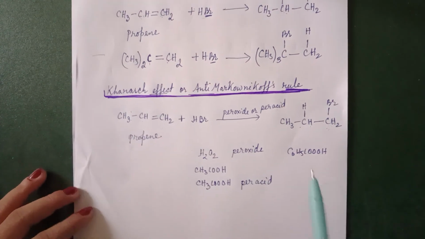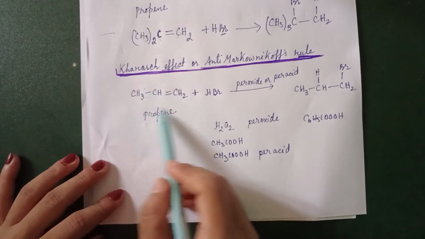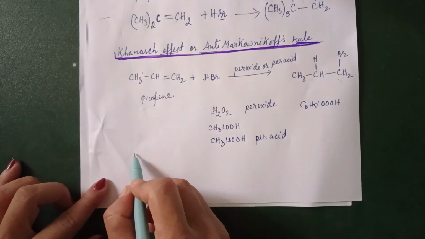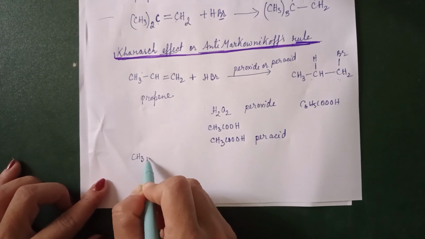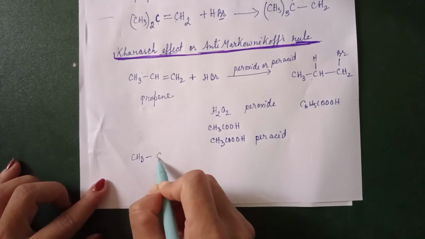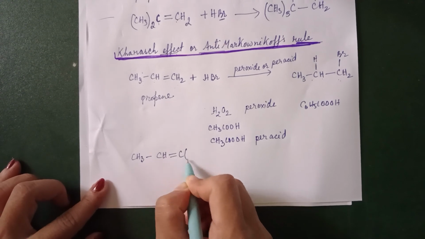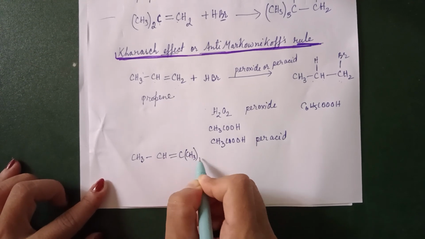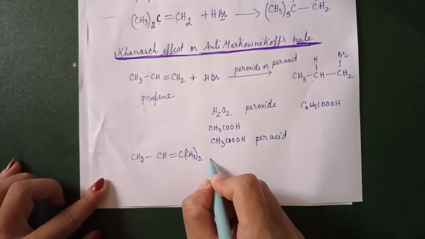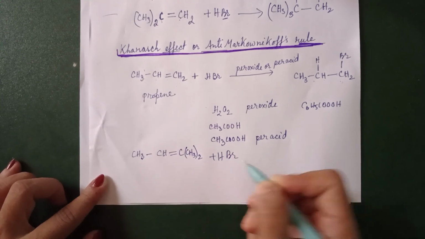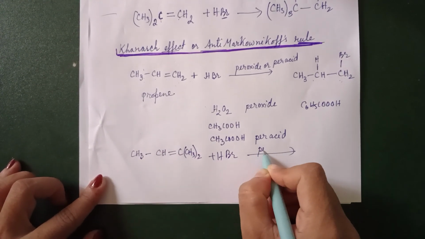So you can change this alkene into a different one, let us say CH3, then CH, double bond, CH3 twice. Okay, so if I add HBr, then peracid or peroxide.